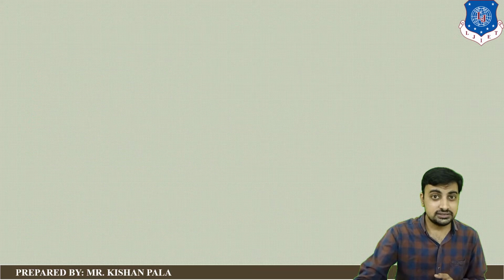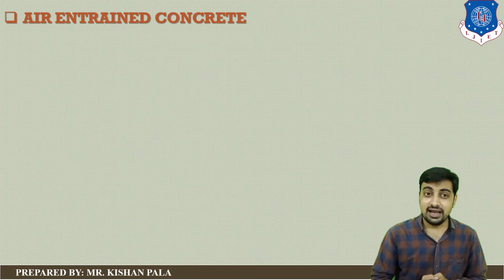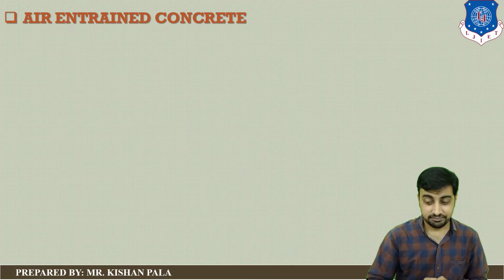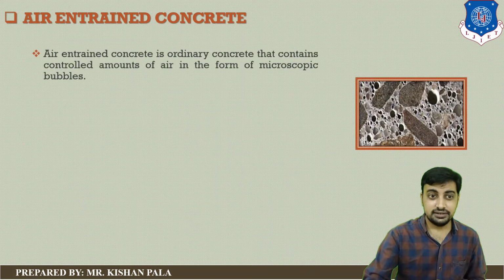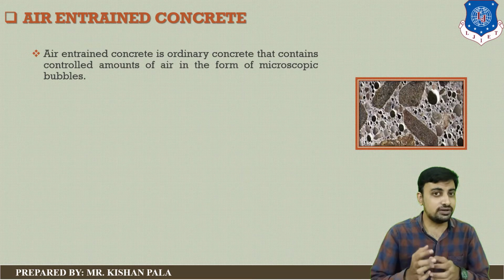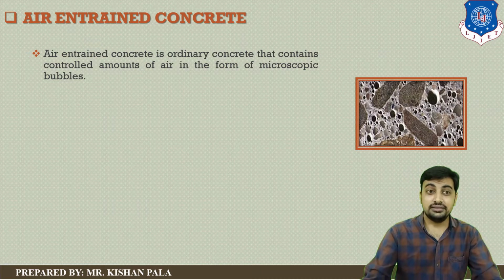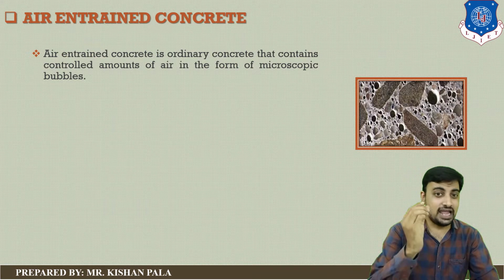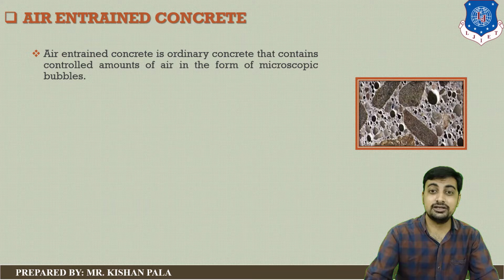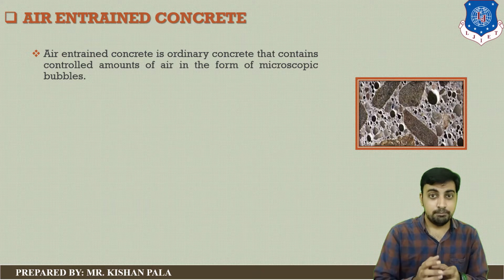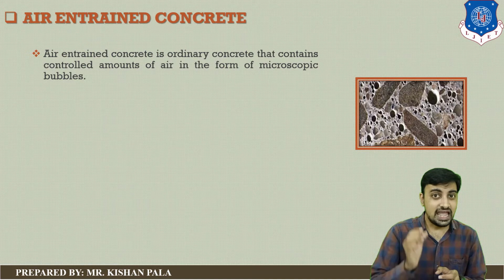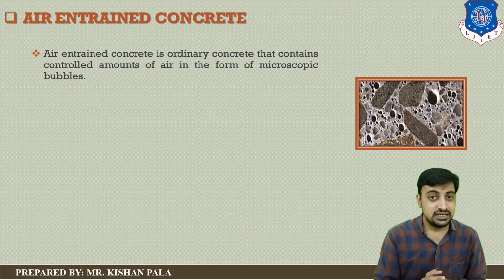Now let us discuss air entrained concrete. Air entrained concrete is ordinary concrete that contains controlled amounts of air in the form of microscopic bubbles, because we are adding air bubbles to the concrete mass intentionally.